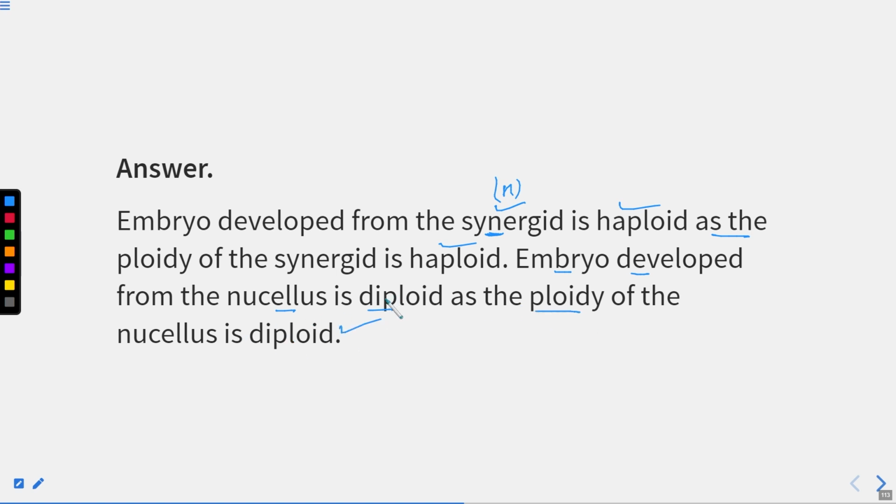This is very simple. Nucellus is diploid. Its ploidy level is 2n. It consists of 2 chromosome sets, whereas synergid consists of 1 chromosome set. It is haploid. So from nucellus, embryo which will develop will be diploid, and from synergid, if the embryo develops through mitotic division, it will be haploid.